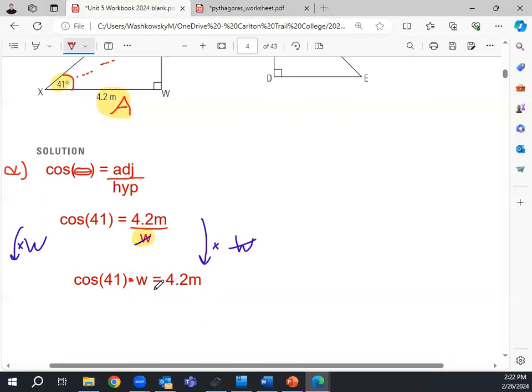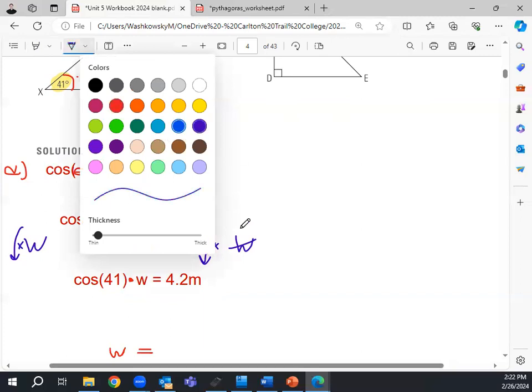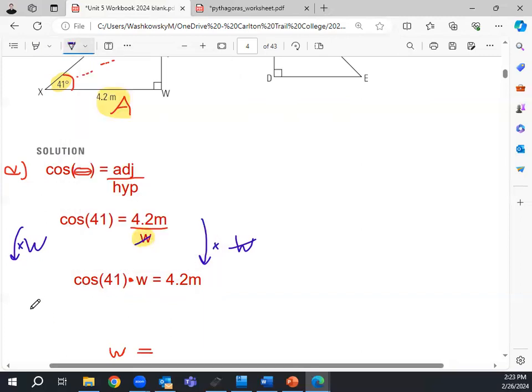But now also, I still don't have W by itself. I want it to be by itself. It needs to be isolated. So I now need to get rid of this cosine of 41. Right now, cosine is being multiplied by W, so I need to do the opposite, dividing by it.